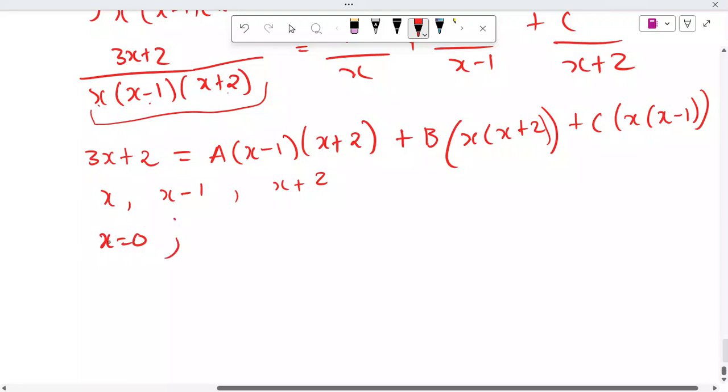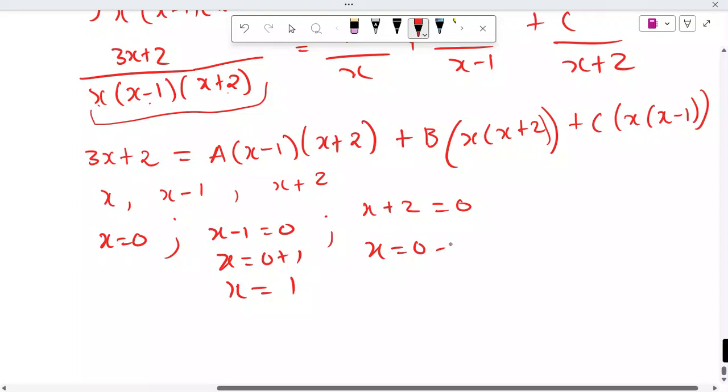We have solved already because x is not attached to anything. And this one, x minus 1 equals to 0. So x equals to 0 plus 1, so x equals to 1. This one, x plus 2 equals to 0, which is x equals to 0 minus 2. So x equals to negative 2.